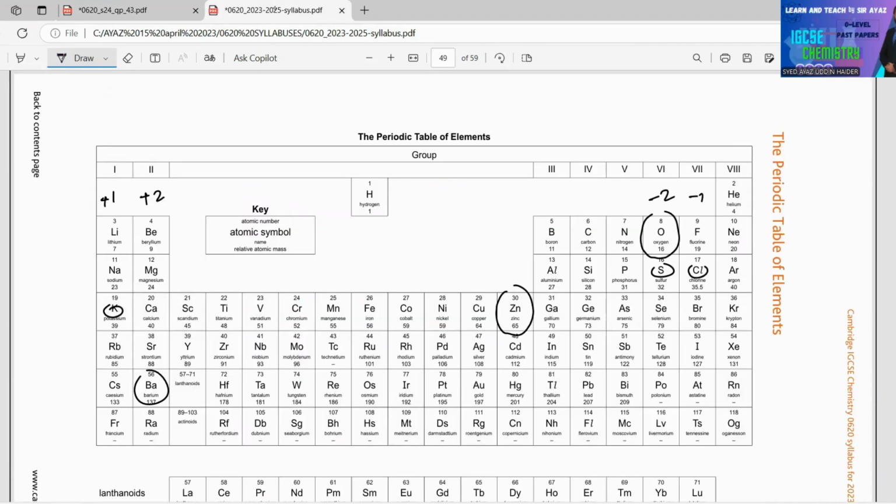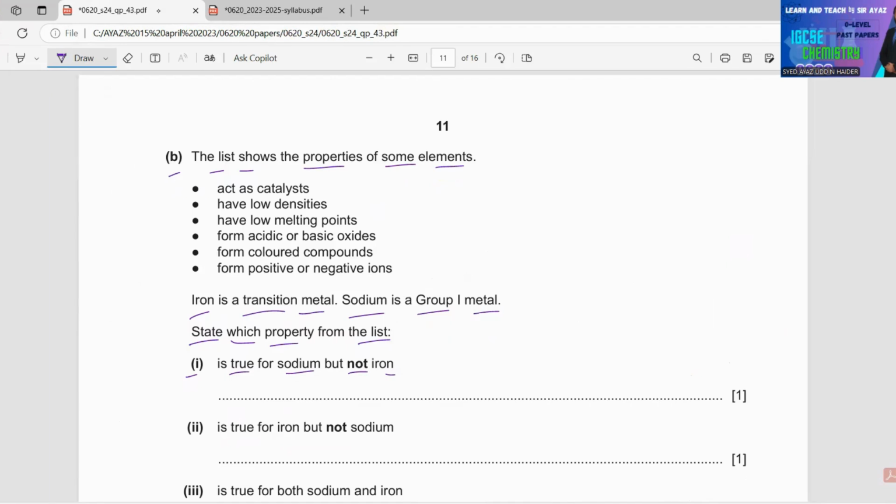Where is sodium? Here is sodium, it's in group 1. Where is iron? Iron is here, in the transition metals. So, true for sodium but not iron.